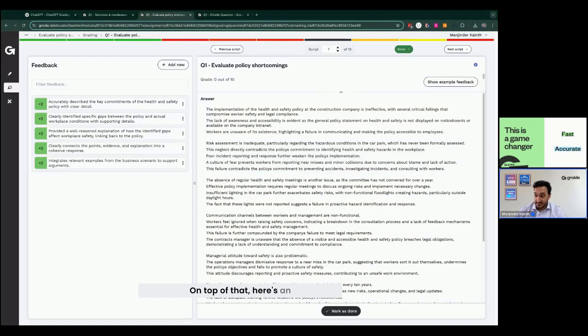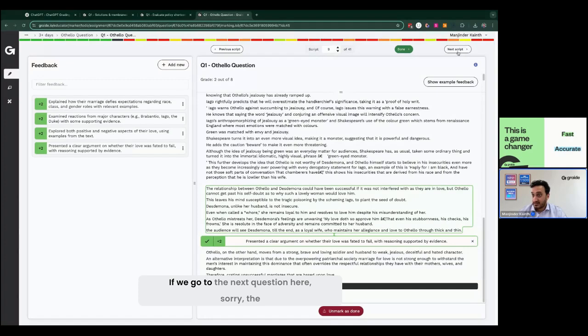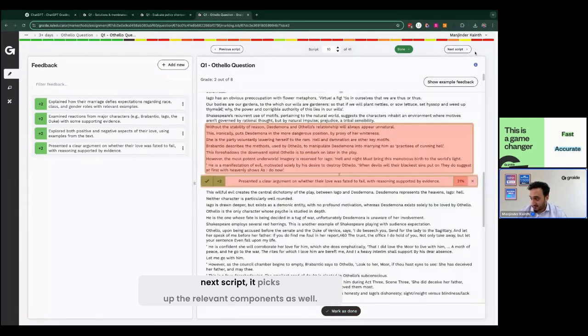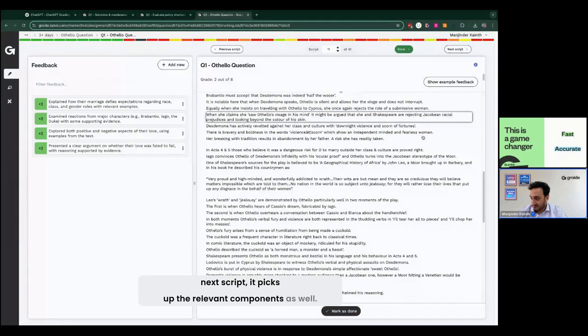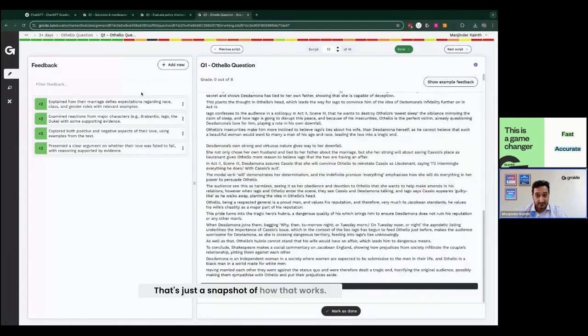And on top of that, here's an example where I looked at Othello. We've marked about 8, I think, here. And if we go to the next script, it picks up the relevant components as well. So that's just a snapshot of how that works.